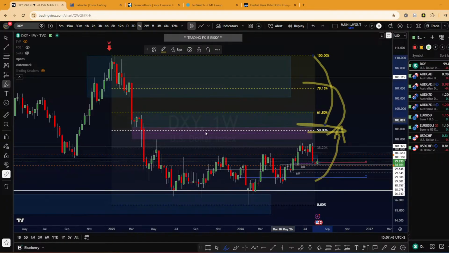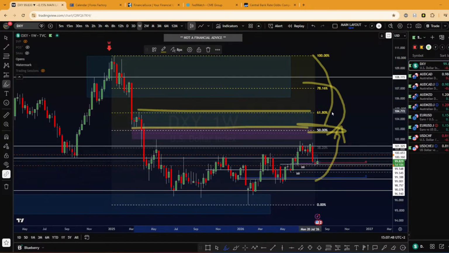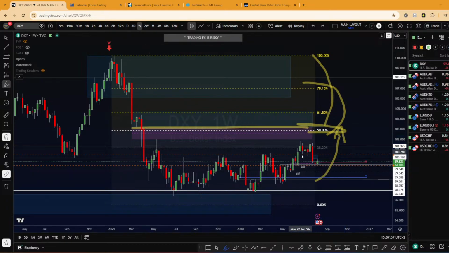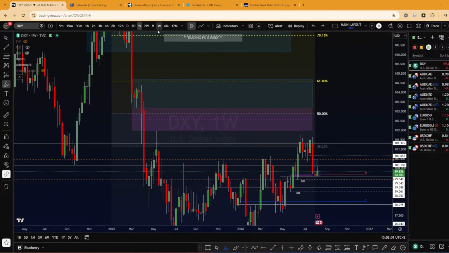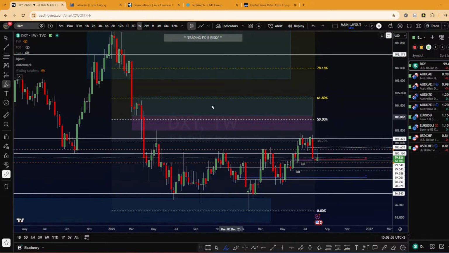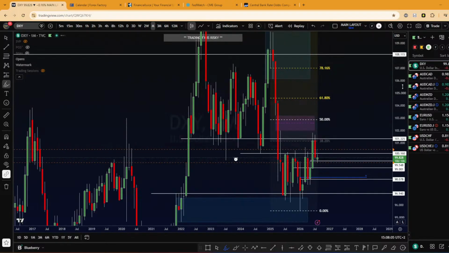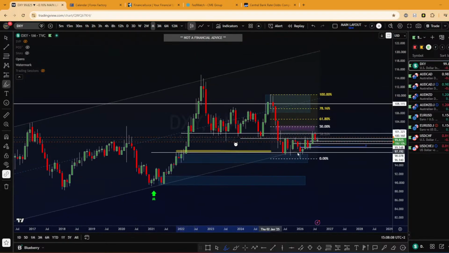See this premium zone. We have this supply zone here and this imbalance here that I want to see price fill someday. That's why I said in the long term I'm still bullish. We have the monthly channel bullish, supported by this monthly demand.